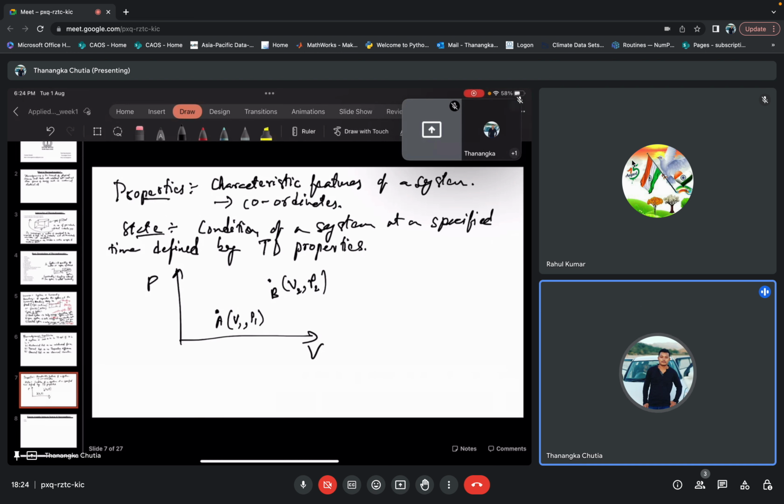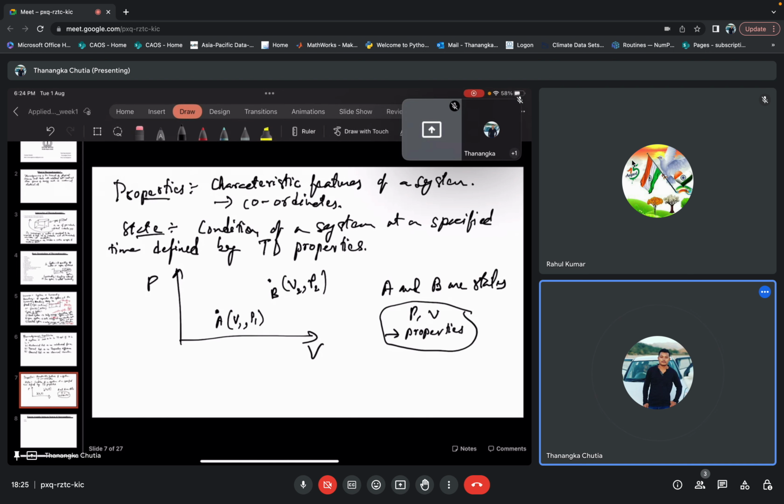So basically what I am trying to say is that A and B are states, and V1, V2, P1, P2 are basically the coordinates. So P and V are the properties of the system.